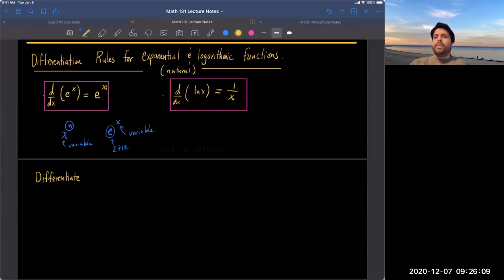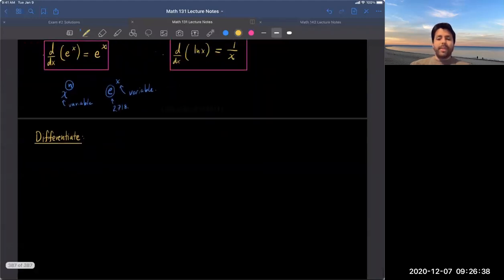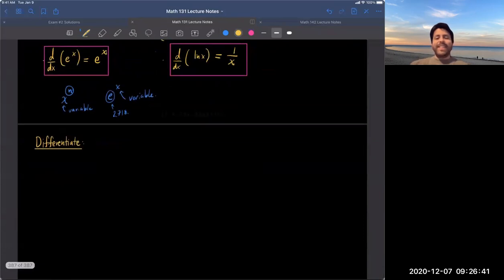In mathematics, they're not going to tell you something that's true without having a basis for it. That's what makes mathematics a very interesting subject, because for the most part, everything we say has a justification. Especially at this level, there's a rhyme and reason for everything. And this is when you can use Google to your advantage, and ask, why is the derivative of e to the x, e to the x?